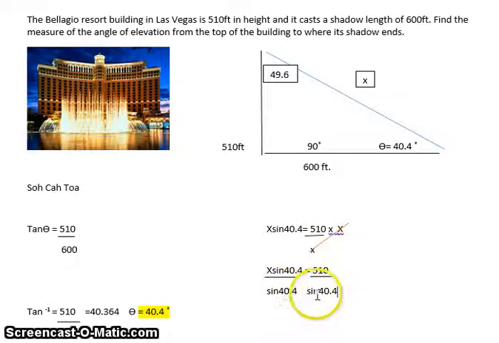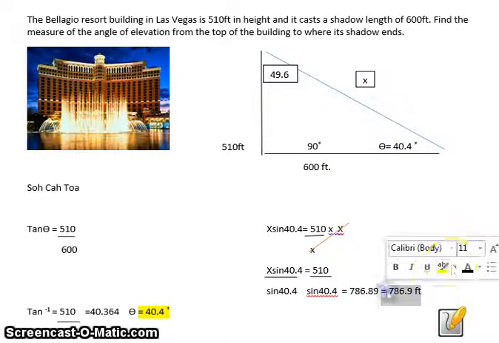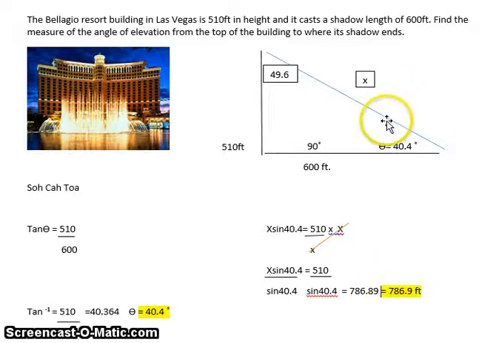So you would divide 510 by sine of 40.4, and when you plug this into your calculator, you would get 786.89, which rounds to 786.9, and that would be in feet because this would be the hypotenuse of this whole triangle. So this would also be one of your sides.